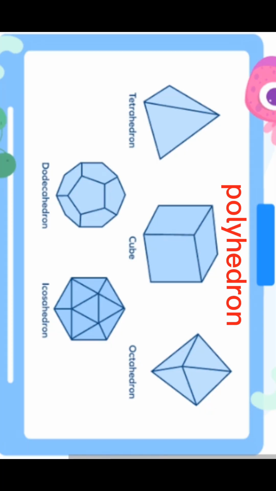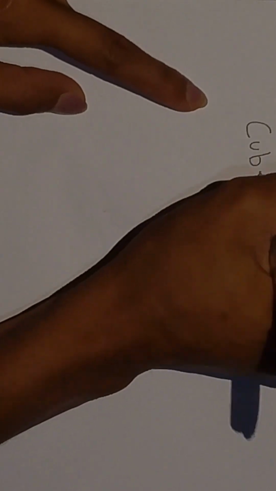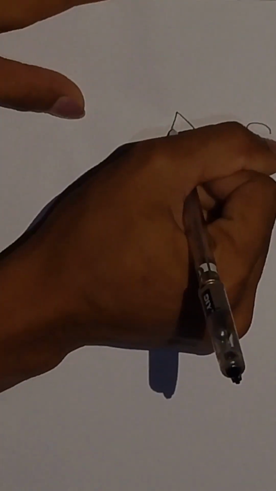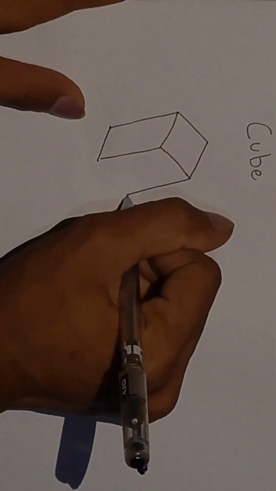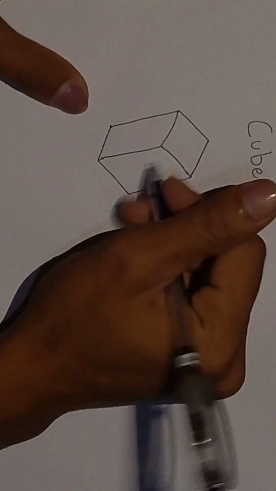So these are examples of polyhedra. We have the tetrahedron, cube, octahedron, dodecahedron, icosahedron. So I'm going to show you how to solve with a polyhedron using these shapes. First, we draw the shape of a cube.